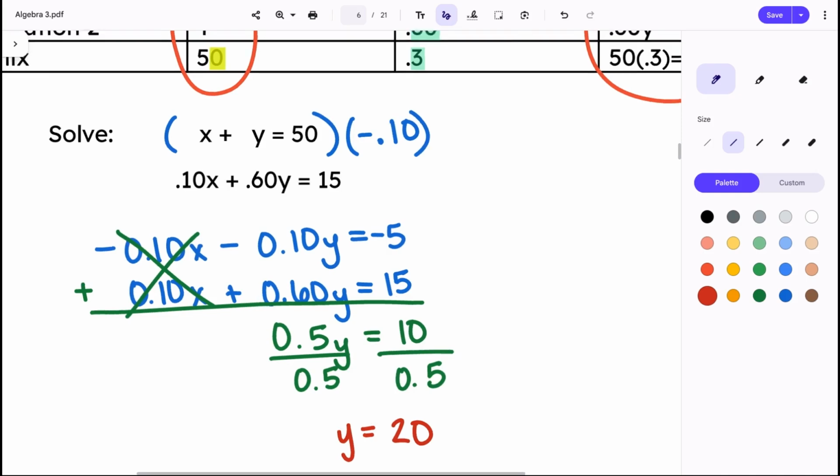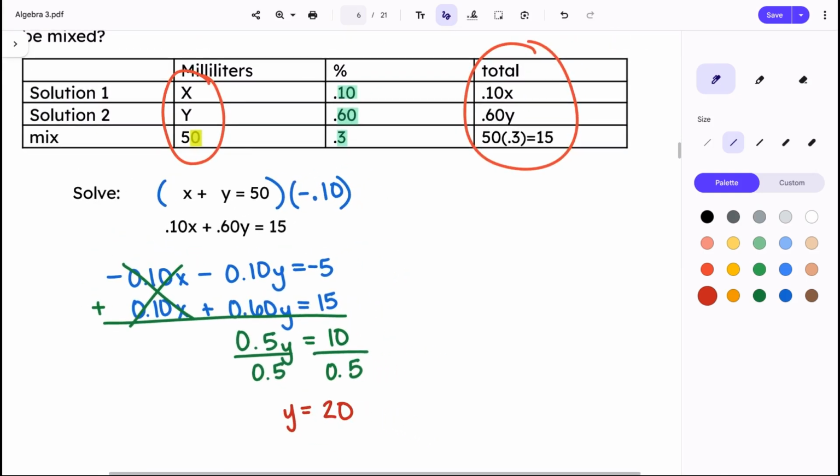Okay, so back in the context of our problem, y represented solution number 2. I need 20 milliliters of that. So I'm just going to write over here, I need 20 milliliters of solution 2. But I still need to figure out how many I need of solution 1. So what should I do with this 20? Plug it back into one of the original equations.